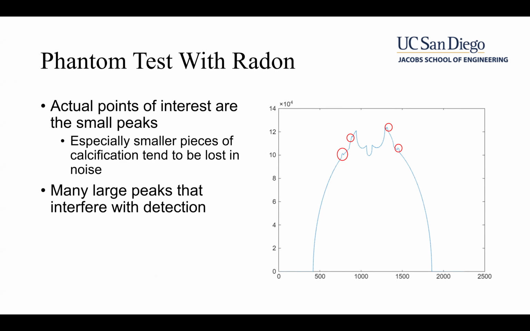This here is a cross section of the Radon transform towards the beginning. And actually, the small peaks on the sides of this transform are the points of interest that we're interested in. But because there are much more obvious peaks, these peaks tend to get lost in the noise, or when you try to detect them, it becomes difficult to understand data-wise which one is the correct peak.